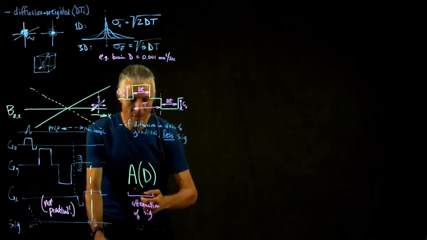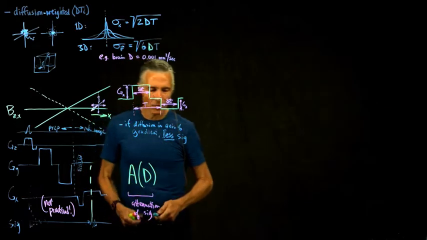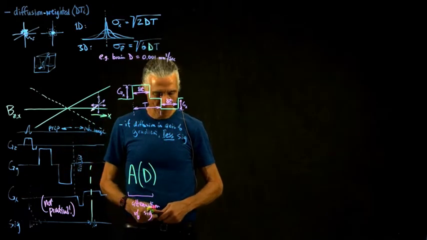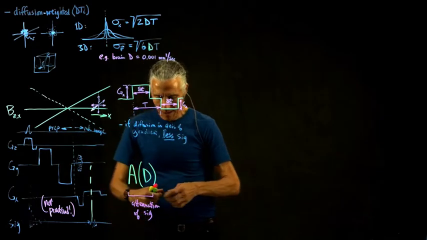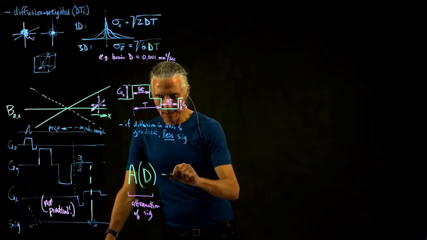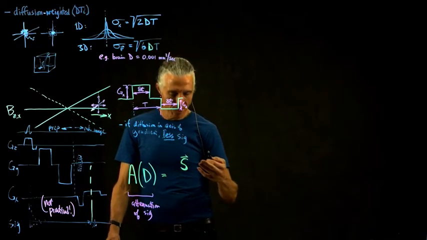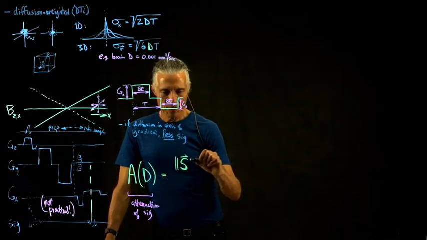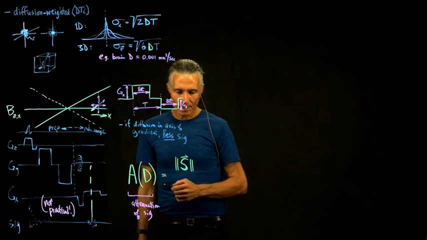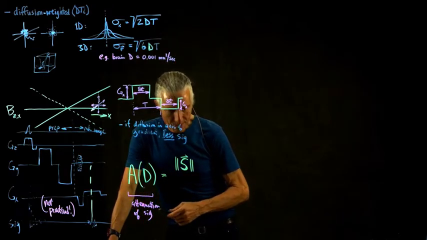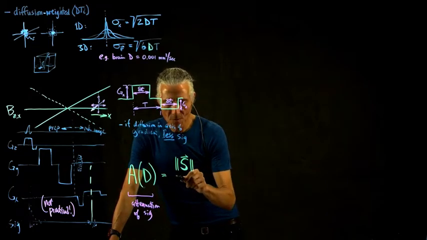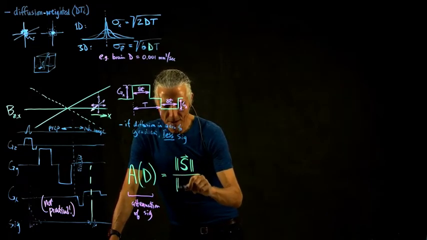We have to measure the attenuation somehow, so we're going to have to measure something without the diffusion gradients on. The way that this is measured in practice is we take the signal, a complex valued signal, which is our reconstructed image, and we just take the amplitude of it. This is the signal with the diffusion gradient on, and we take the ratio of that to the signal with the diffusion gradient off.